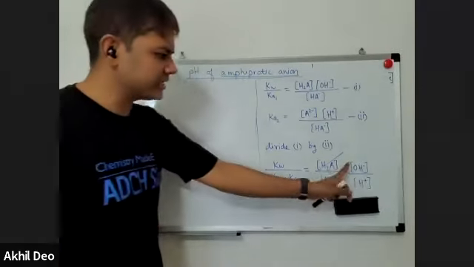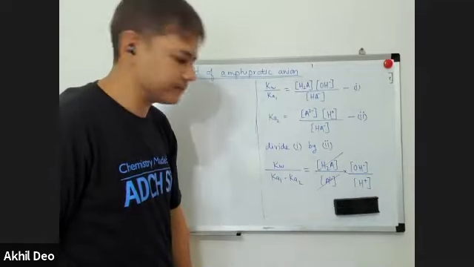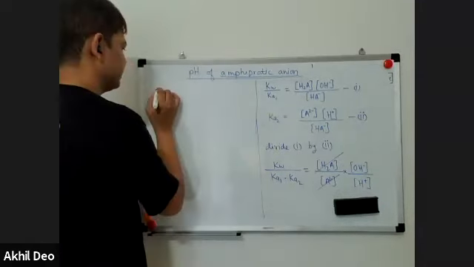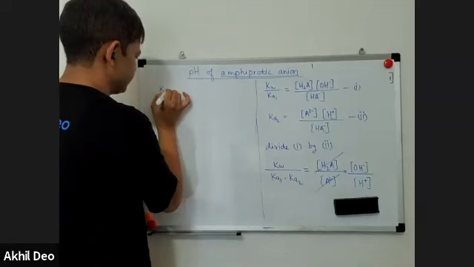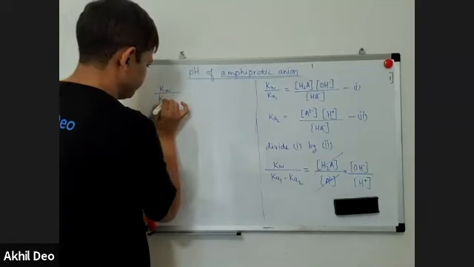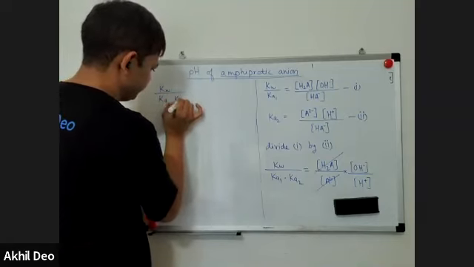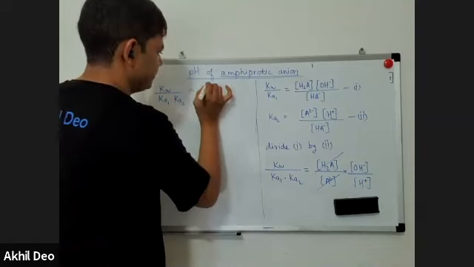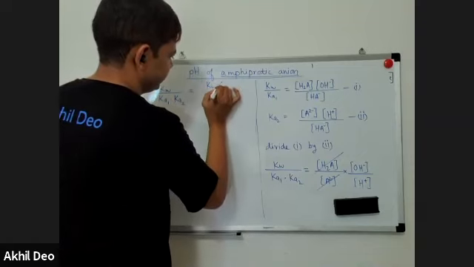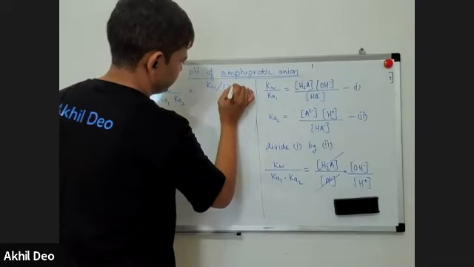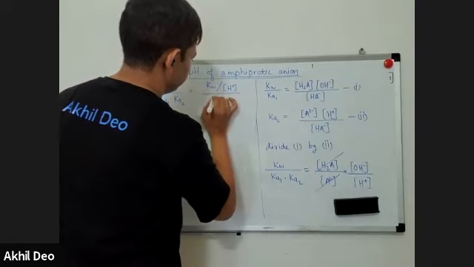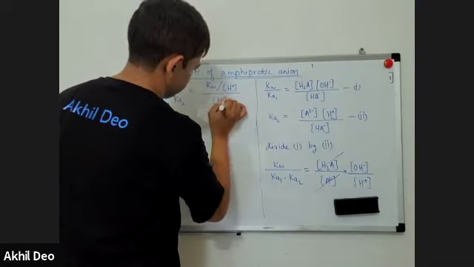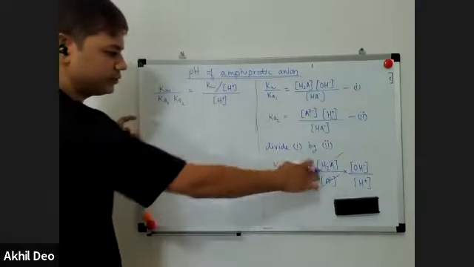Now OH minus can be written as Kw upon H plus. So substituting the expression, we'll get Kw upon K1 into K2 is equal to, instead of OH minus, Kw upon H plus, divided by H plus. We have cancelled out the H2A and A2 minus.